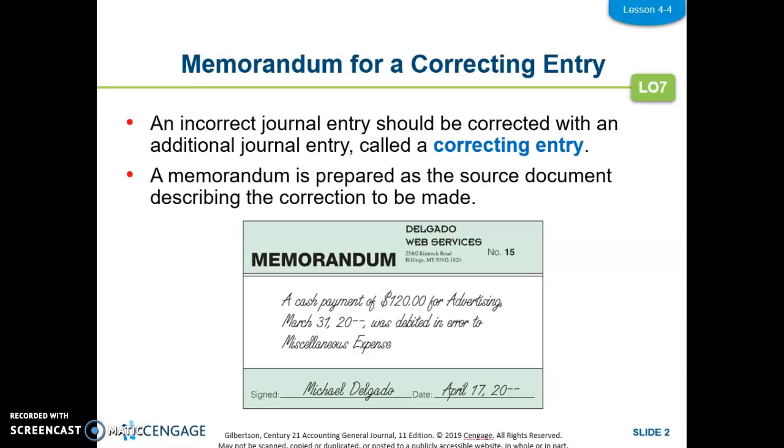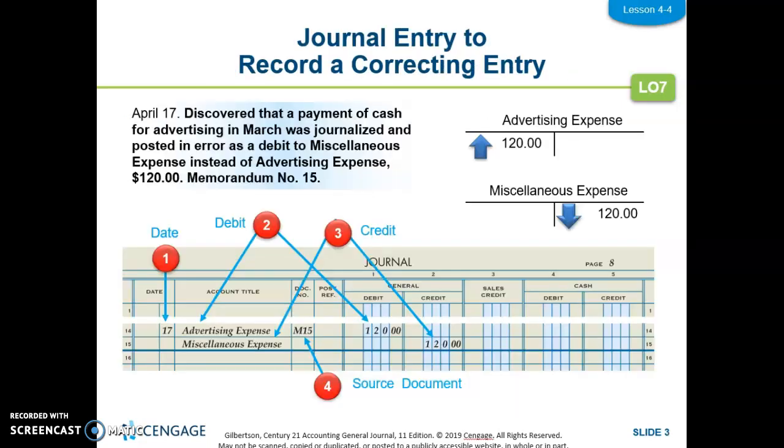Their example here is a cash payment of $120 for advertising on March 31st that was debited in error to miscellaneous expense. To correct the error, an entry is made to add $120 to the advertising expense account. The entry must also deduct $120 from the miscellaneous expense account.